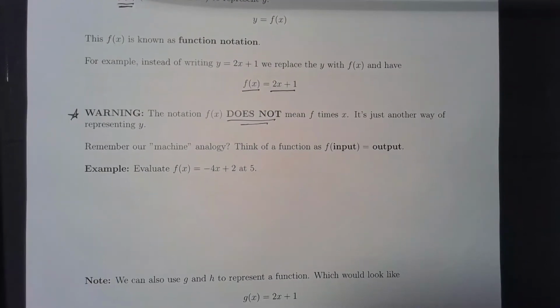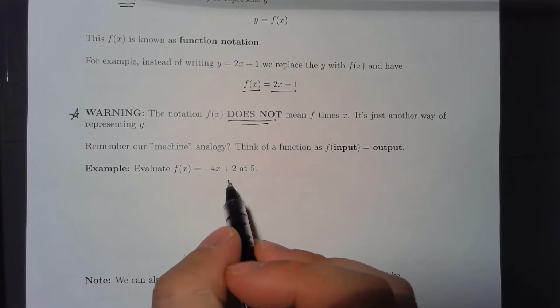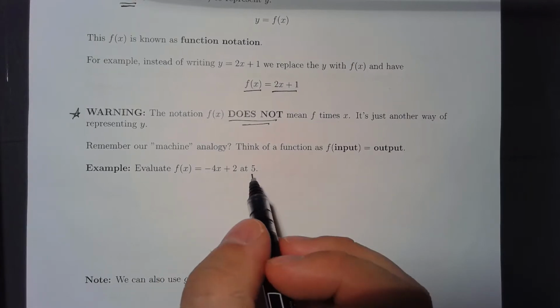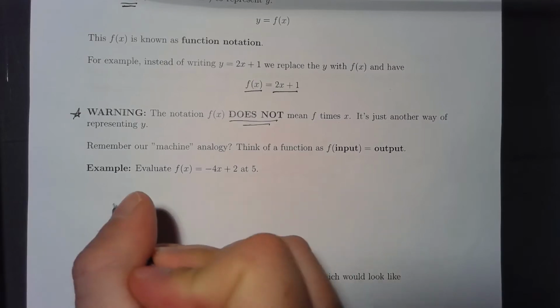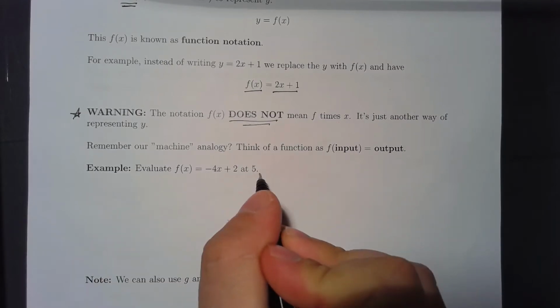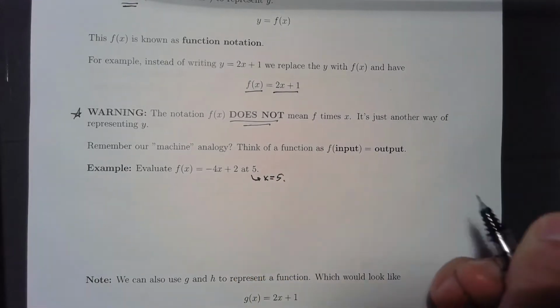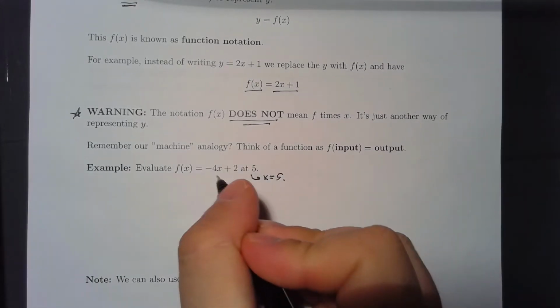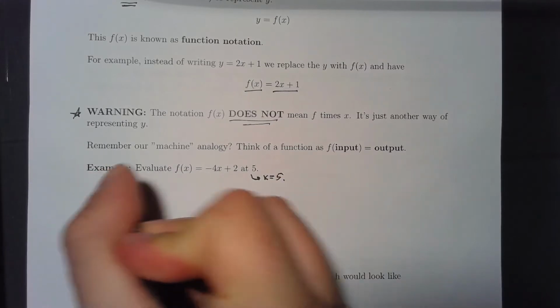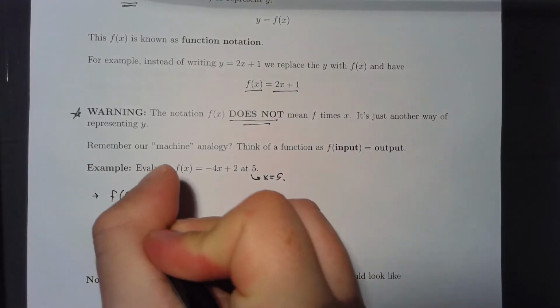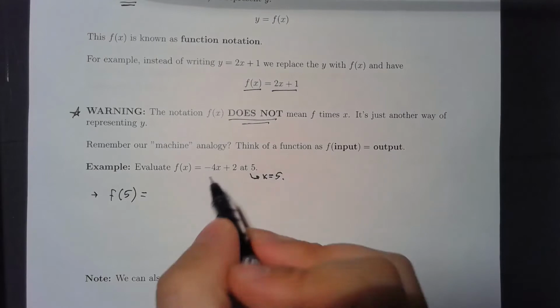So, as a little warm-up, let's evaluate f of x at 5. At 5 means x equals 5, so I'm plugging 5 into my function.